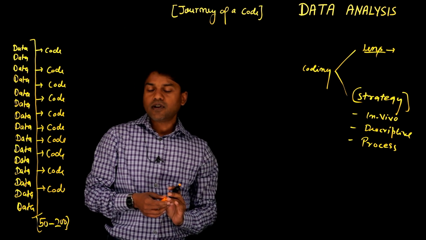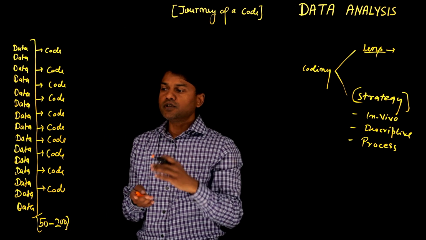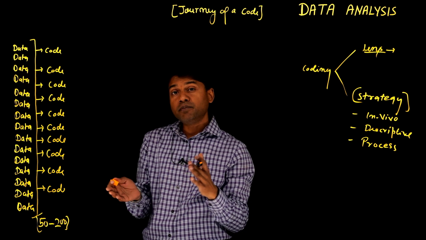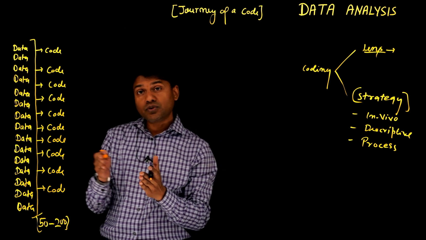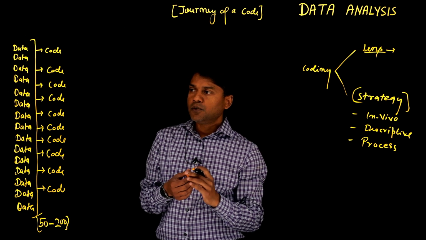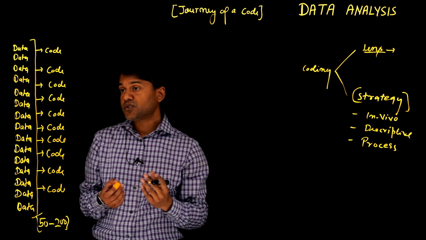Now in the second round of coding, you try to focus on how these codes can be merged together. Some of the codes can be clubbed together because they are talking about a similar thing, similar process, similar construct.